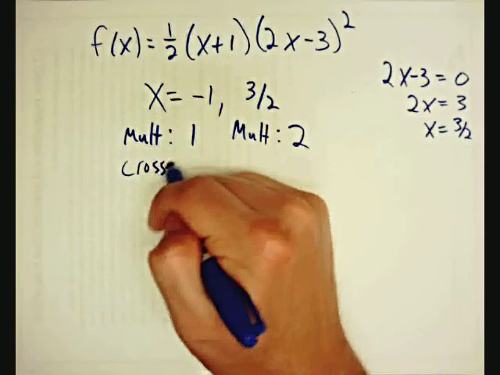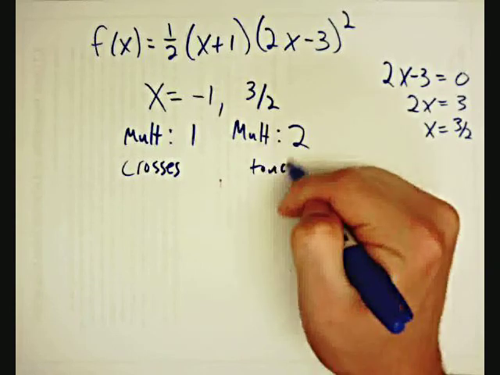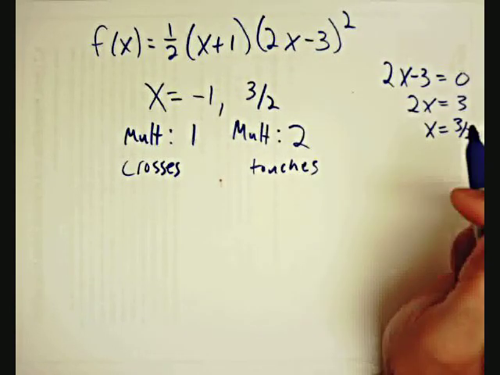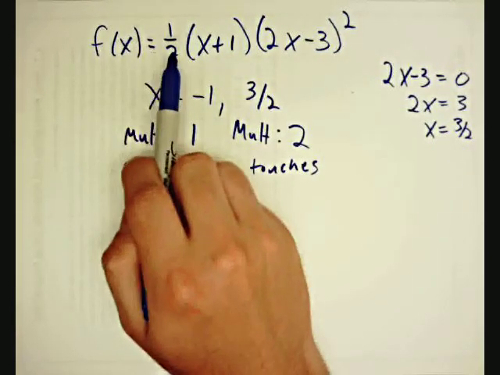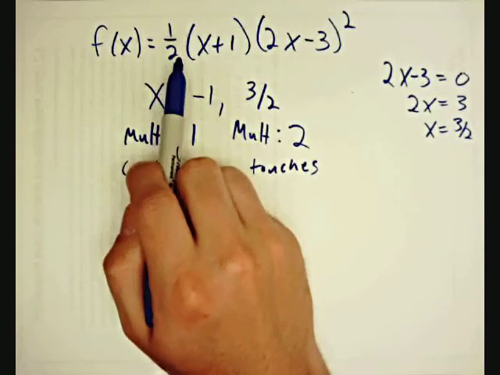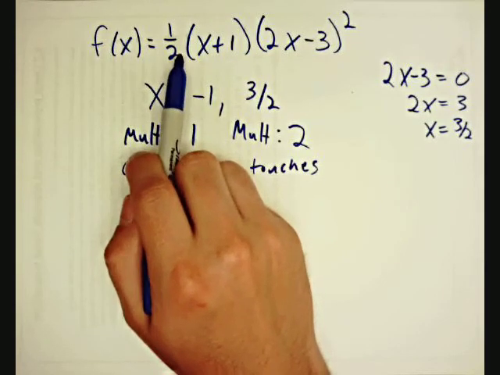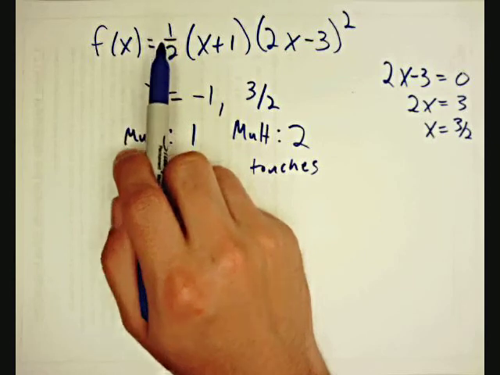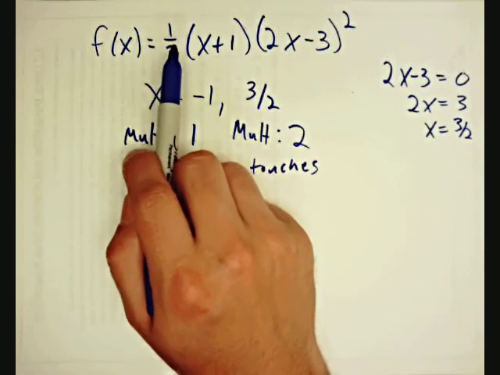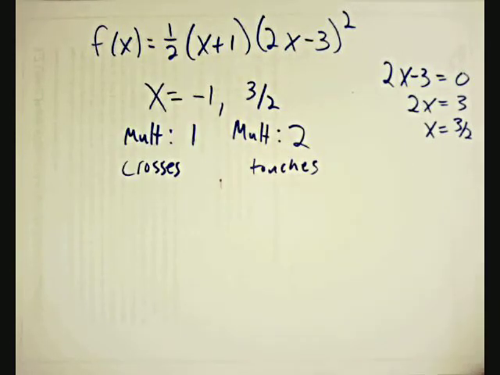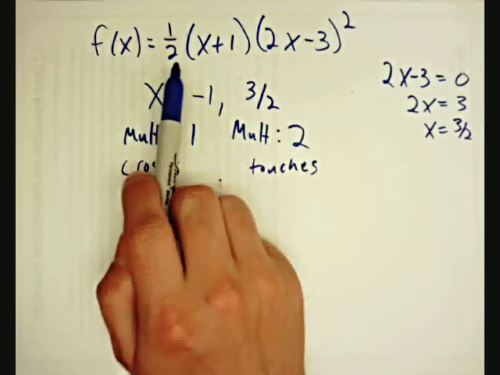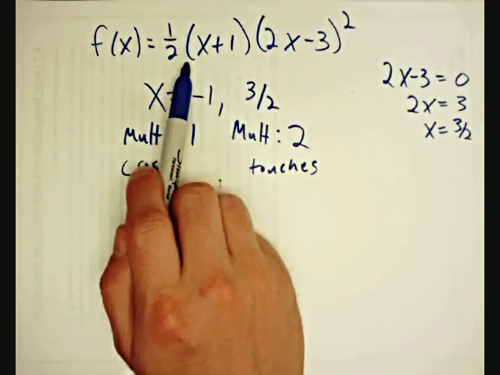So this one crosses, and this one just touches. Also notice I didn't do anything with the 1/2 in front because it doesn't have an x. So 1/2 will never make this polynomial 0. You only need to worry about what's in front if there's an x that's been factored out to the front.